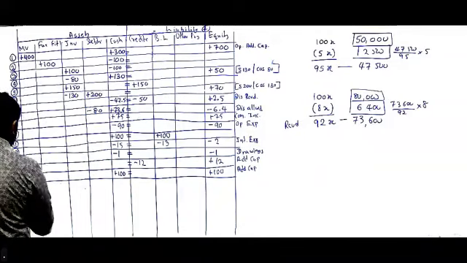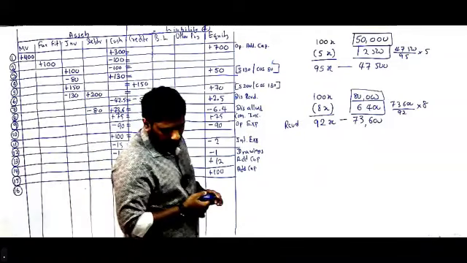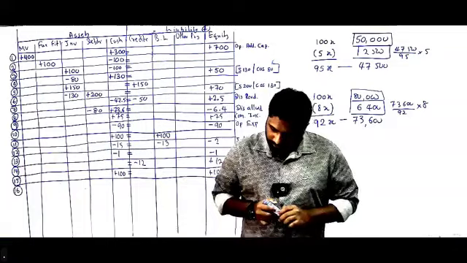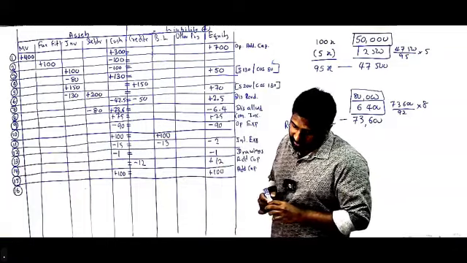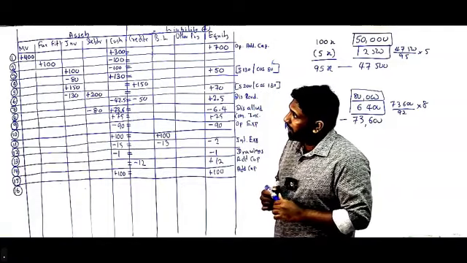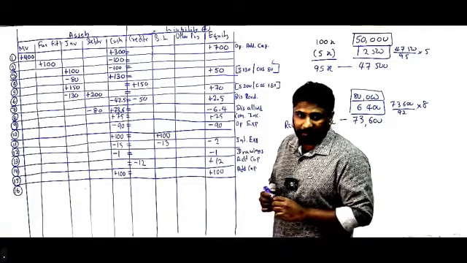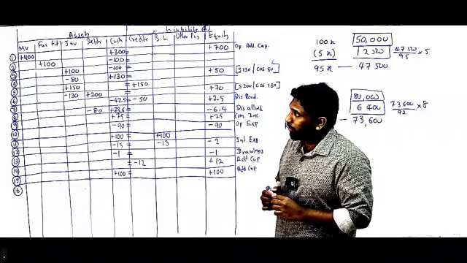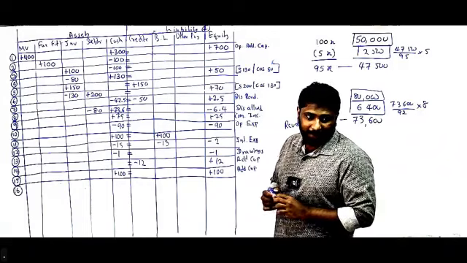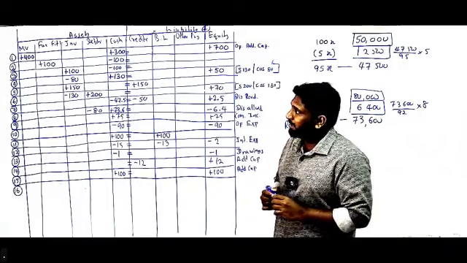16. Fixed assets should be depreciated 12% per annum. So what are the fixed assets that we have? Motor vehicles and the furniture fittings.